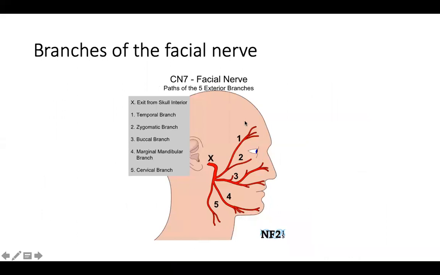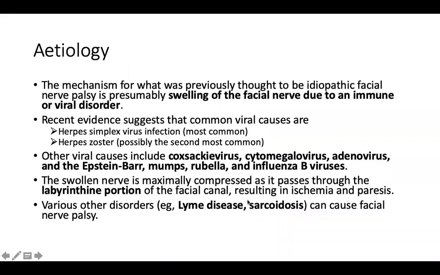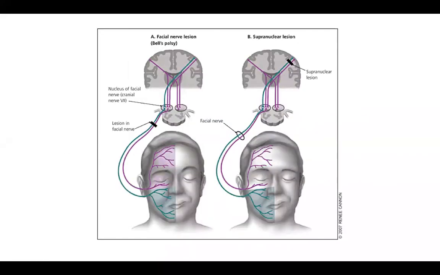So this is very important because it is going to help you to differentiate stroke, for example. Stroke occurs in the central nervous system, specifically in the brain. So this is going to help you differentiate between the central nervous system disorders and the peripheral nervous system disorders.